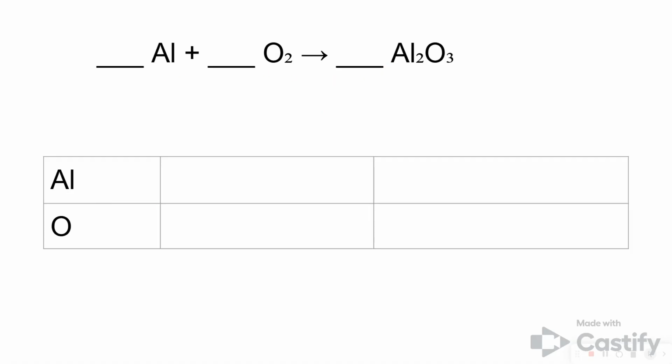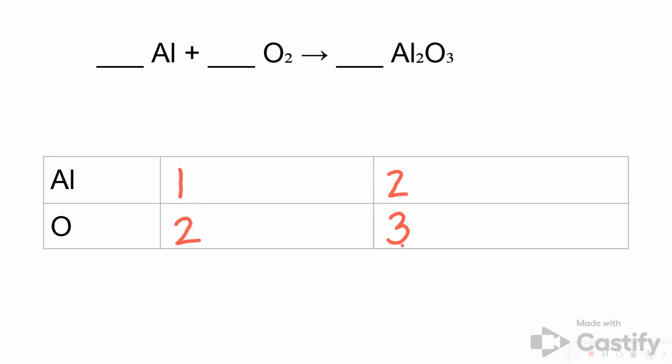Alright, so let's try another one. We need to balance our aluminum and oxygen right here. How many do we have on each side of the equation? Right now we have 1 aluminum on this side, and we have 2 oxygen on this side. On this side we have 2 aluminum, and we have 3 oxygen. So once again, we have an odd number of oxygen on the product side and an even number on the reactant side.